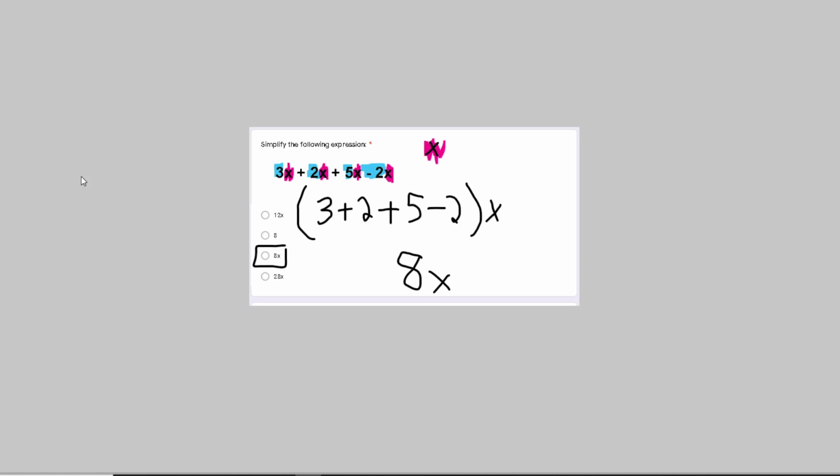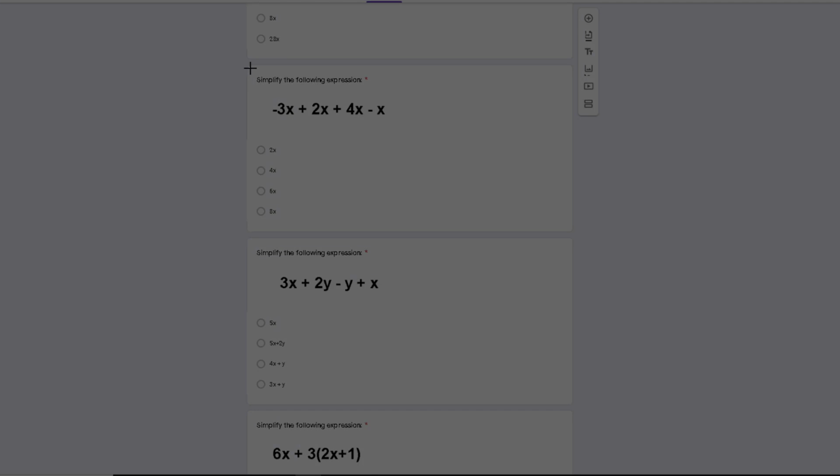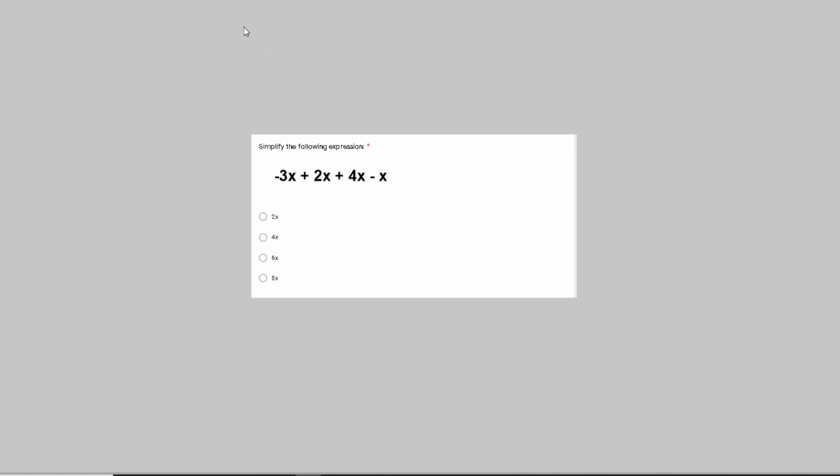Alright, next question here. Same type of question. So again, these all have this x. So that means they're all like terms. Right? They're all dependent on the same variable. So what we can do is just add up the coefficients again.